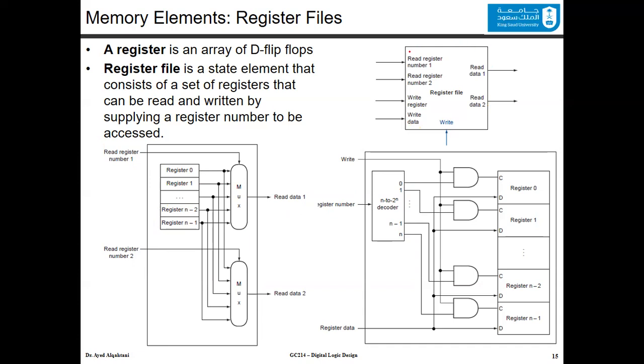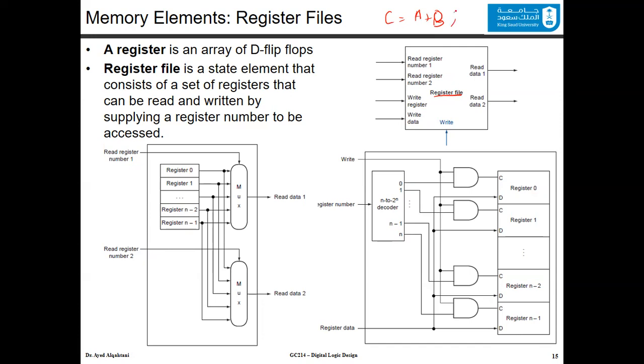Now, this block is called a register file. And one of the jobs that the register file does, if you have an operation like this, if you want C equal to A plus B, and for example, this is an operation in the C language.